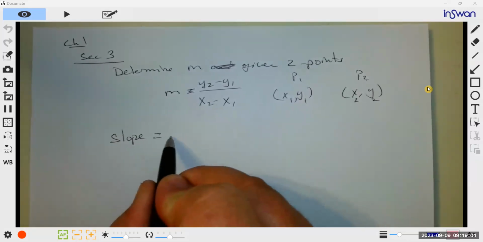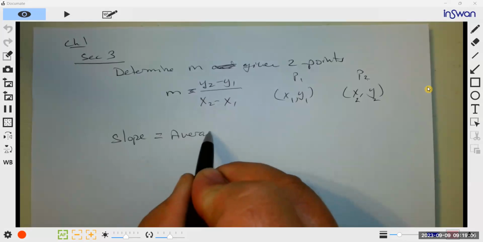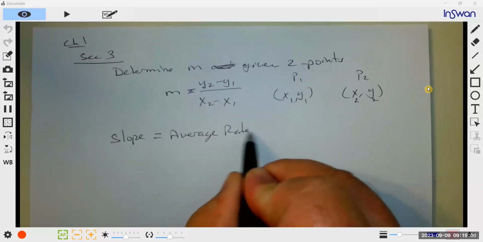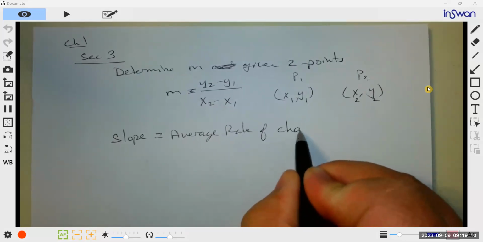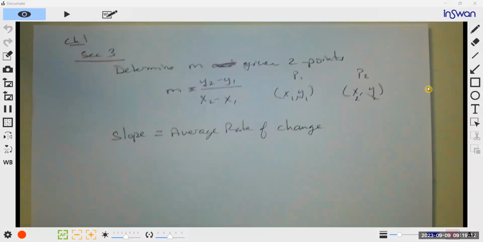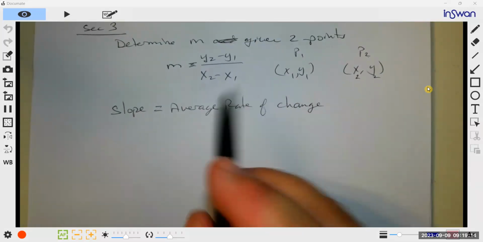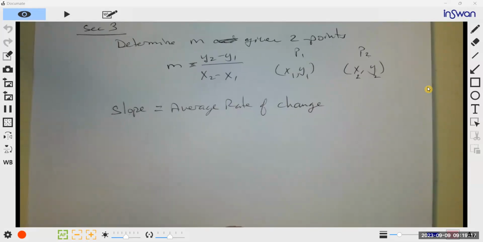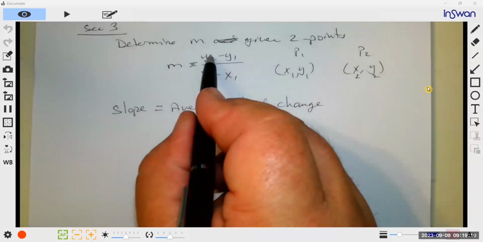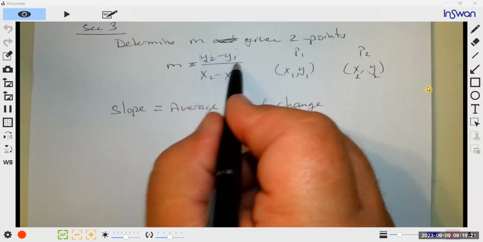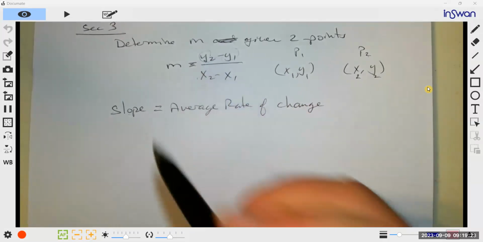Slope is also called the average rate of change. So whenever you see word problems asking for average rate of change, it's just a slope. So it's the second y value minus the first y value over the second x value minus the first x value.